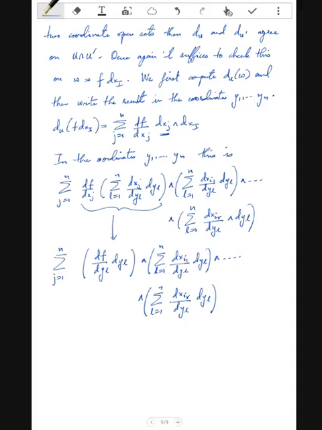So next, we have done the computation in one way. Next, we will write omega in the coordinates y1 through yn and apply du prime.